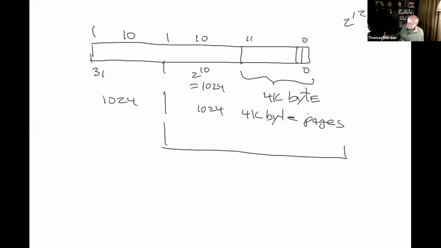And so now what we want to know is, how do we actually do this mapping now that we've said this is how we're going to separate it? So we need one more picture. And so now we're going to take that same picture. Let's see if we can get this right the first time.